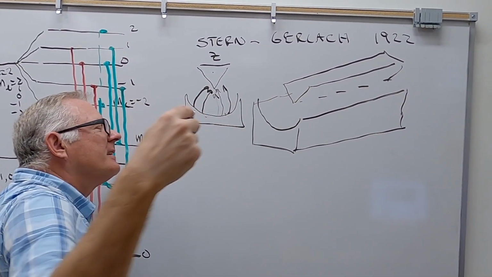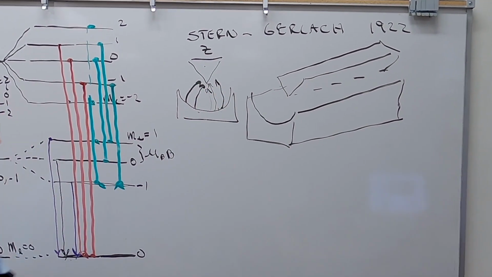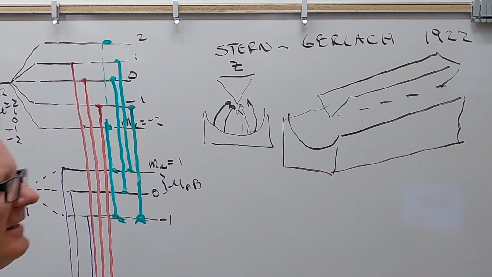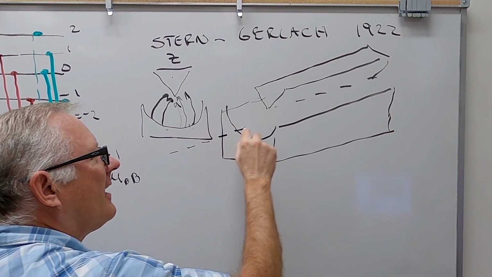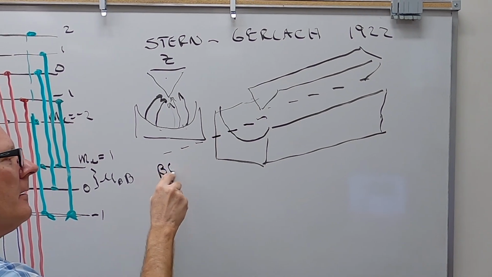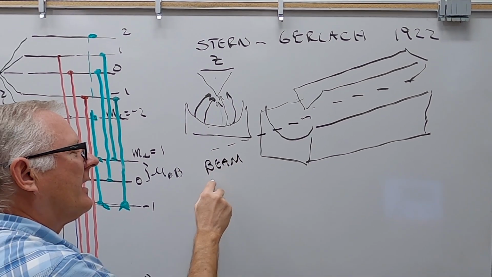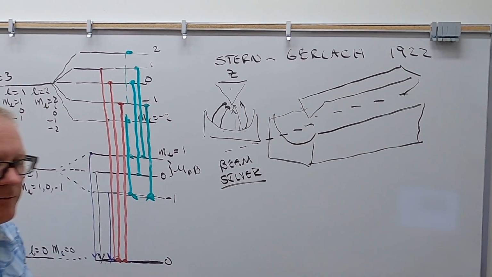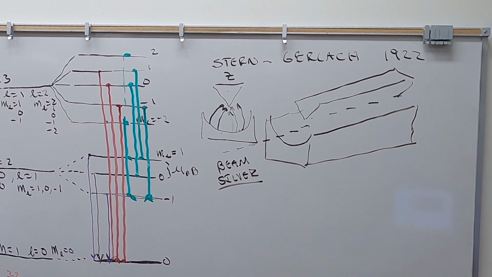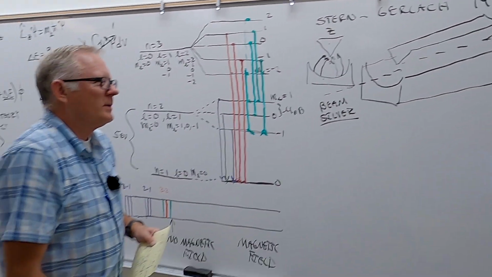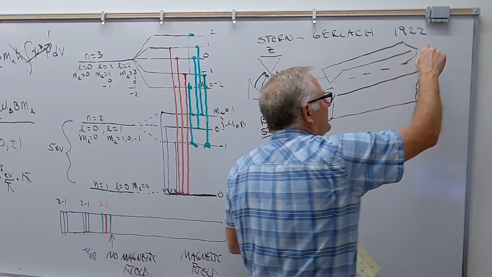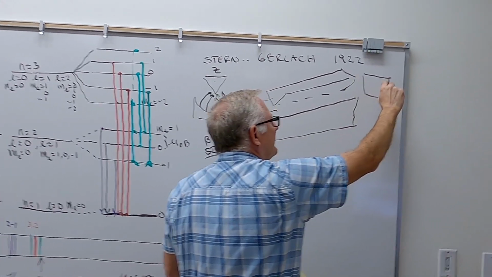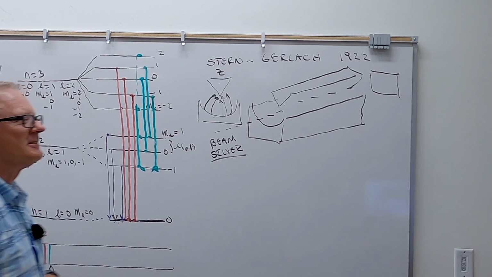And so what they did is they shot a beam of silver atoms right down the center of that, right down through that magnet. Now, I don't know why they picked silver. I don't know if they were just lucky or what. Maybe it's because down here at the end, they had a glass plate. And when the silver atoms hit the glass, you can see silver on the glass right here.